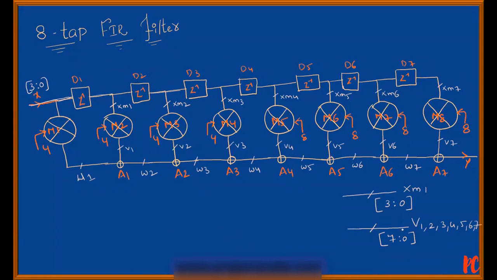All clear? Now coming to W1, this is coming from the output of M1. Since this is 7-bit, I can represent it in terms of 8-bit, 7 down to 0. Now W2 is the result of an addition of W1, which is 8 bit, and V1, which is 8 bit.